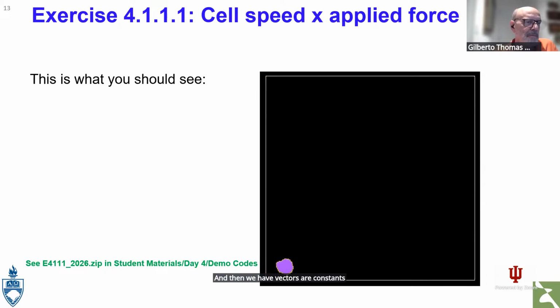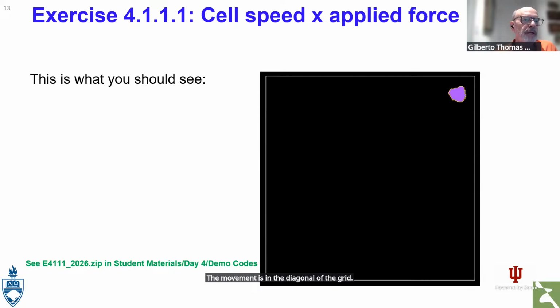So the cell always moves the same way, in the same direction, because the force is constant in that direction. Since both components of the force are equal, the movement is along the diagonal of the grid.